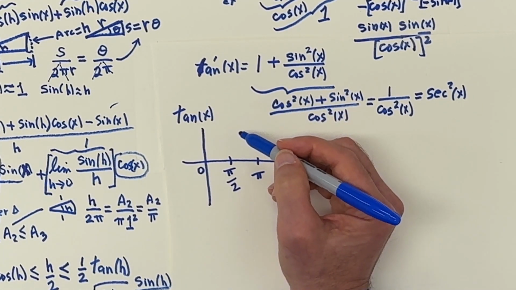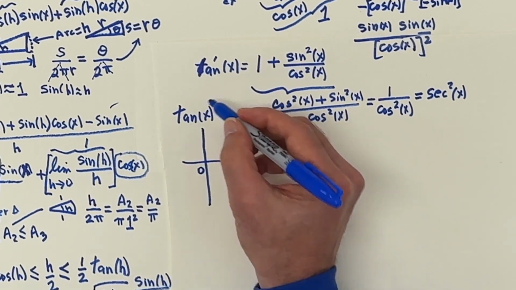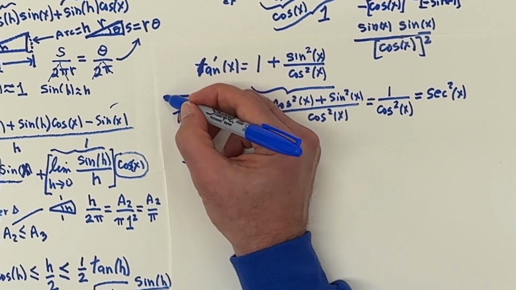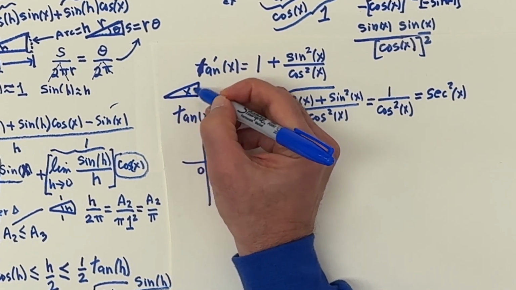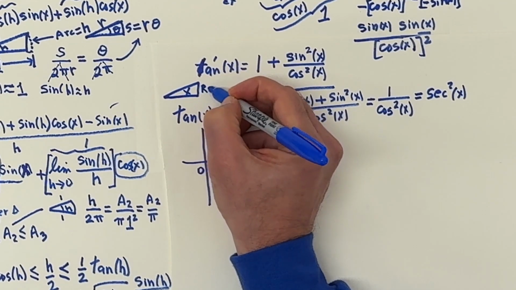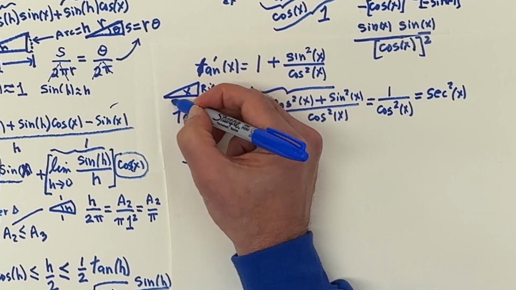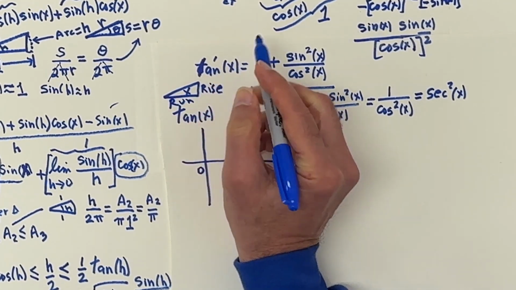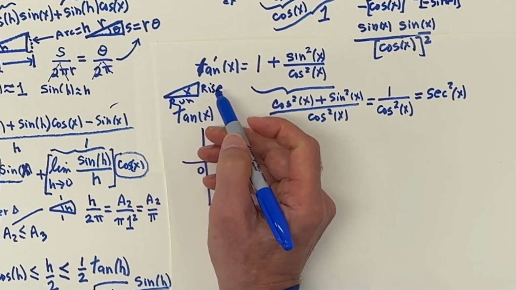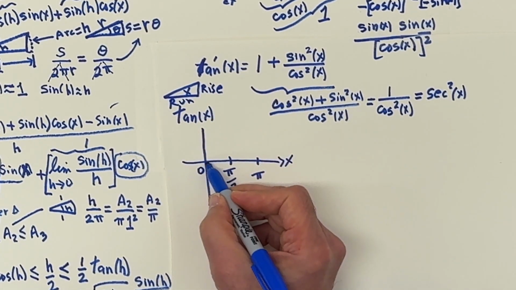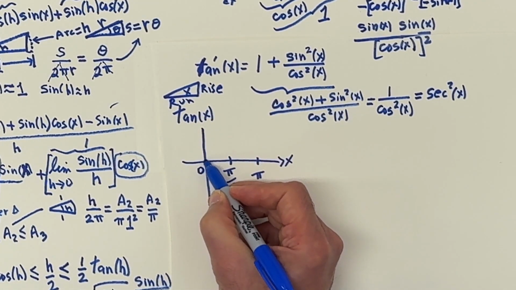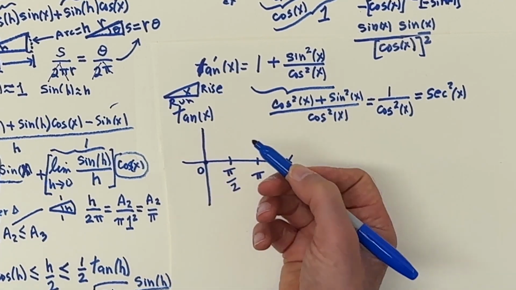Now, when you look at the tangent of x, and if we just have a little reference here, like here's the x. The tangent is the rise over the run. So when x is 0, well, tangent's 0. So that's going to be here someplace. Well, 0, it's going to be there.